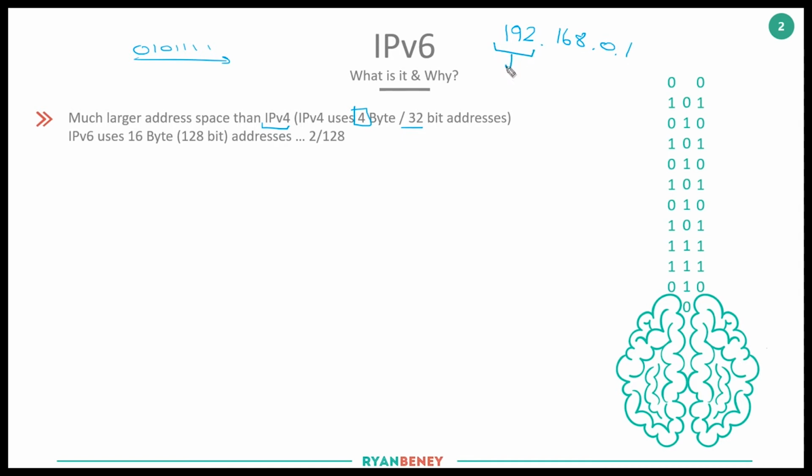We know that each of these is a single byte. We've discussed this in depth in many videos previously. And we know that in a byte, there are 8 bits. And since we have 4 bytes in total, it's 32 bits. So hopefully you're comfortable with that. If you're not comfortable, go back and watch the IPv4 videos, which are earlier on in the course.